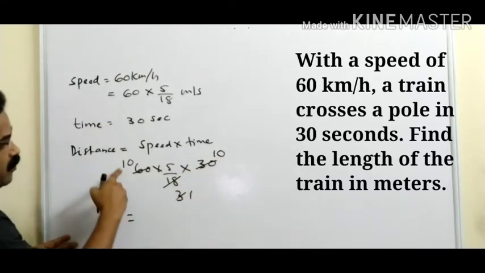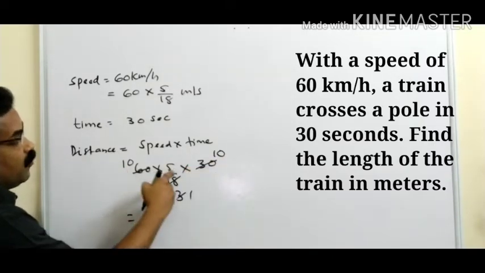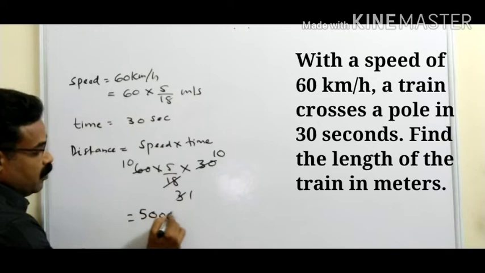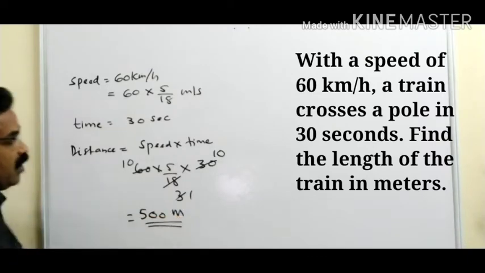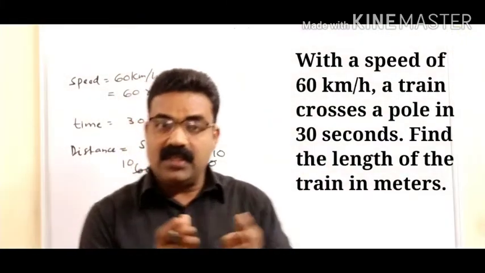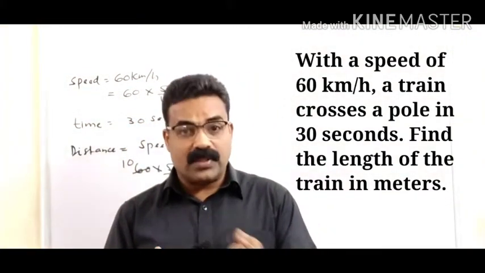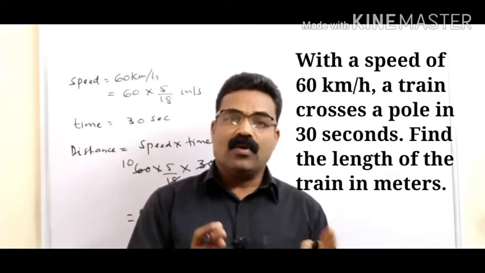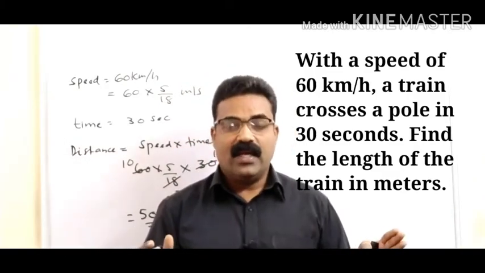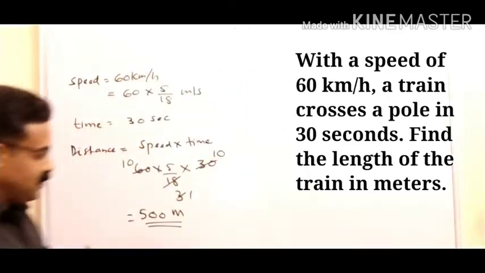So this will become 10 into 5 into 10, 10 into 10 is 100, 100 into 5 is 500 meters. So 500 meter is the length of the train. 500 meter is the distance covered by the train when the train crosses the pole, so that will be equal to the length of the train. Okay, so the length of the train is equal to 500 meter. Please note it.